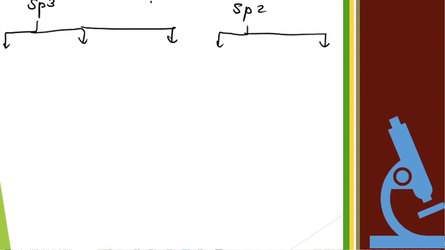Okay. sp3 hybridization is divided into alkyl halides, allylic halides and benzylic halides.